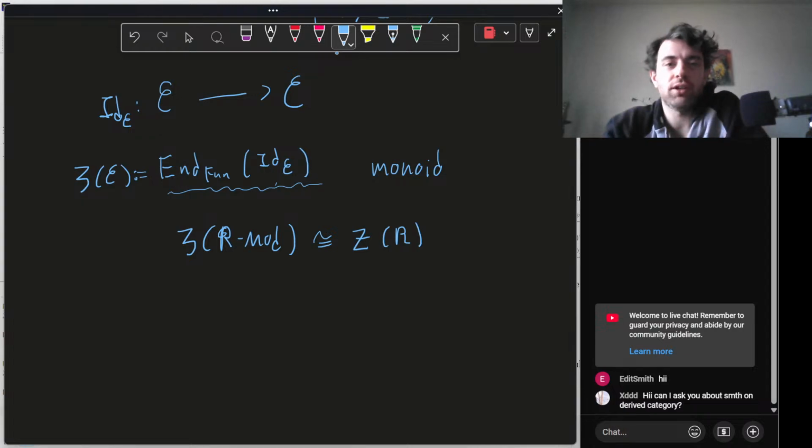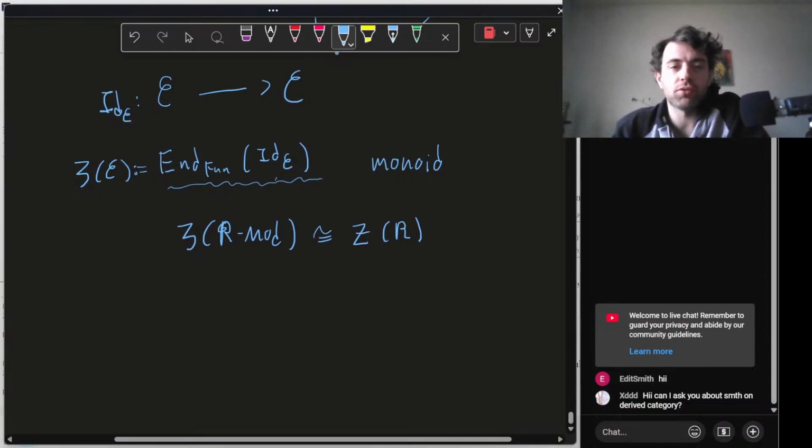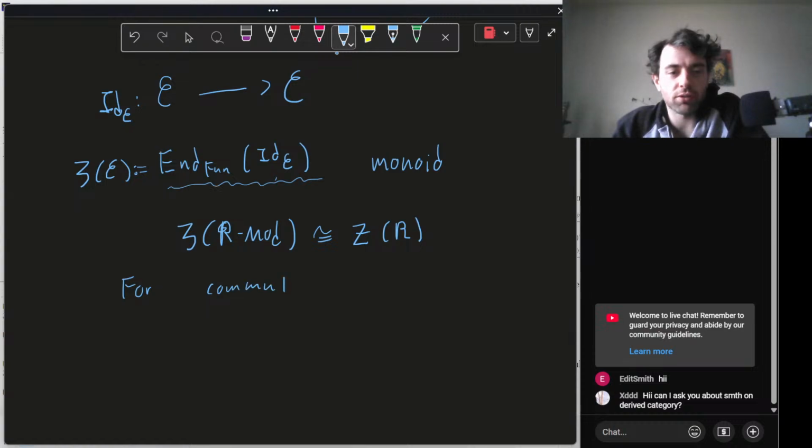And this is actually an idea that allows you to prove the theorem. For commutative rings, this is not true in general, but I like thinking about the general case.